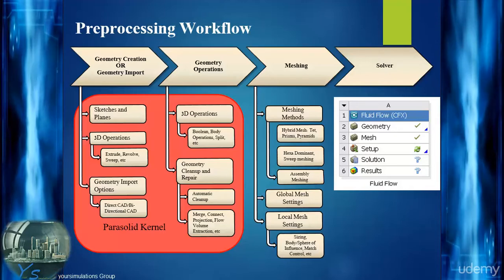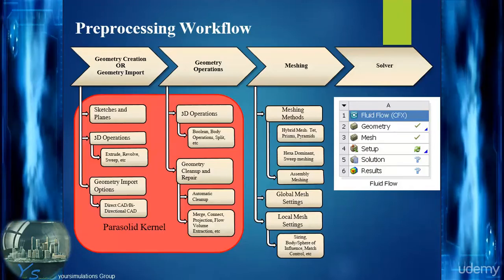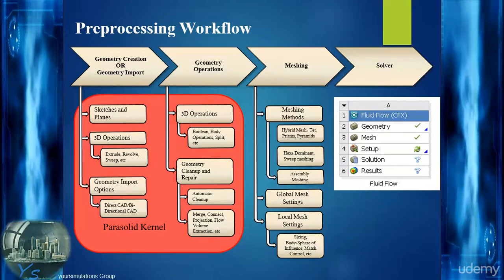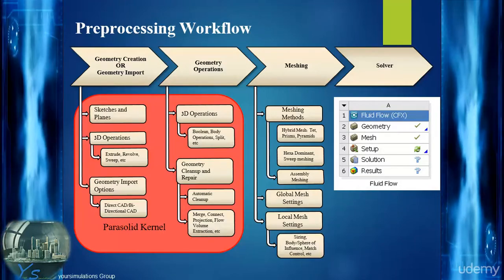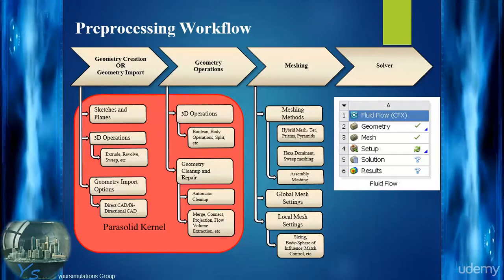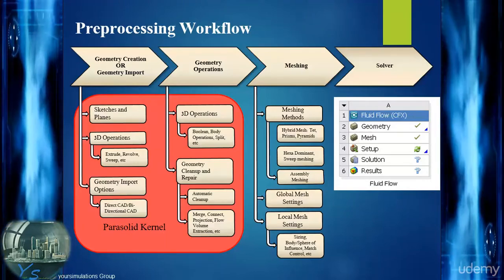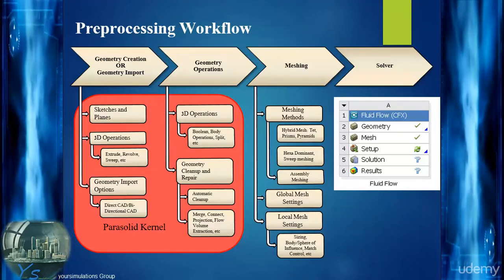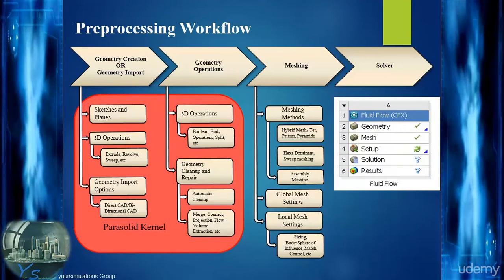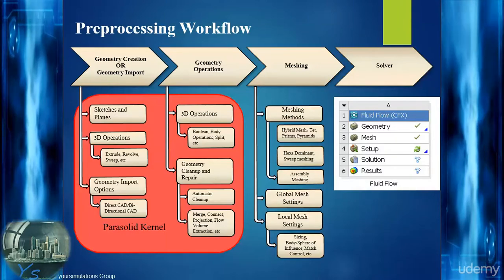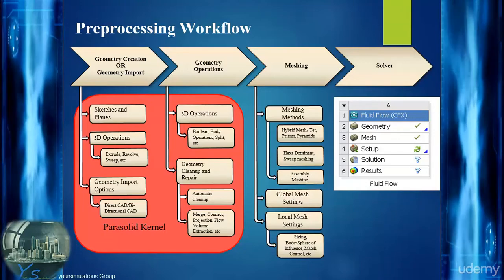Typically, pre-processing refers to the early part of the simulation workflow, and that is the geometry and also up to the meshing steps of the overall process, as opposed to the operations after the solver, which are termed post-processing. Okay, so you can see here with geometry creation and import and geometry operations and the pink region underneath, this is the area that's represented by Design Modeler.